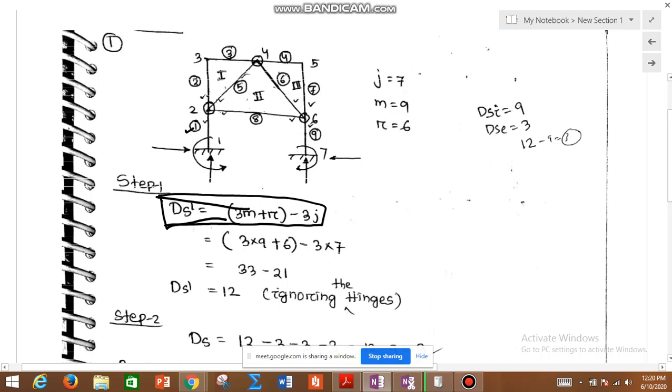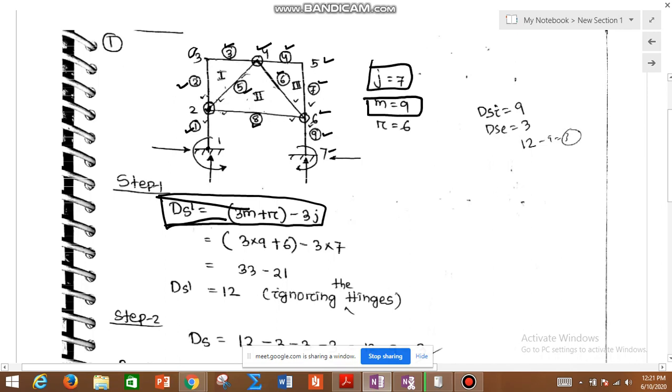This is 1, 2, 3, 4, 5, 6, 7, 8, and 9, so 9 members are there. What is the number of joints? This is 1, 2, 3, 4, 5, 6, and 7. So 7 joints are there.